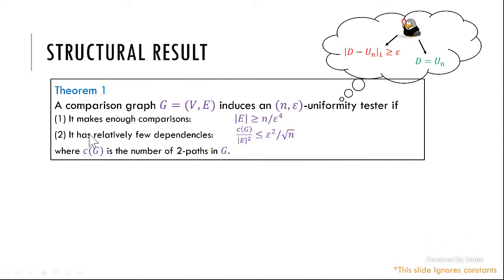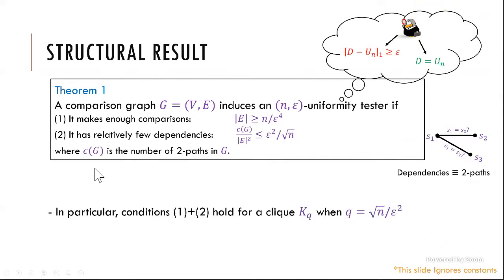The two conditions that the comparison graph must satisfy are that it makes enough comparisons, so the number of edges should be large enough as a function of n and epsilon, but also that it creates relatively few dependencies. Dependencies here, as we said before, are quantified by two-paths in the graph. Each time we have two comparisons that share a sample, this creates a two-path, and these are bad for us. They increase our variance and they make the concentration not as good.